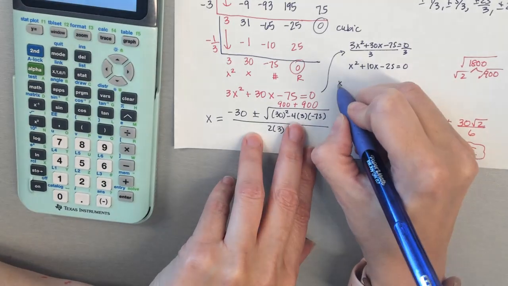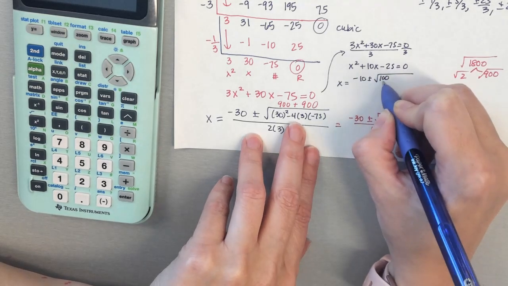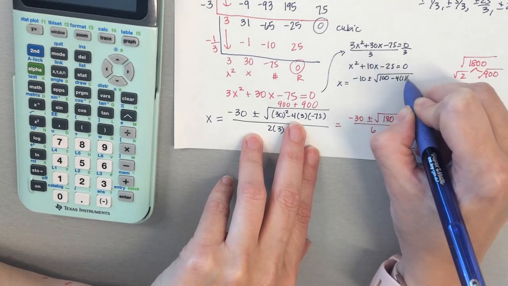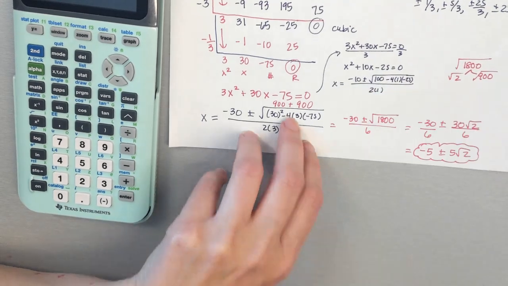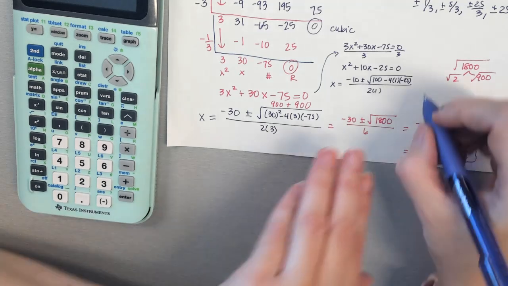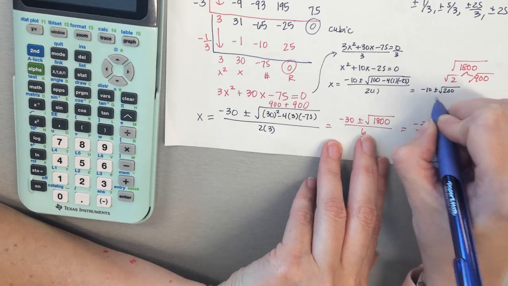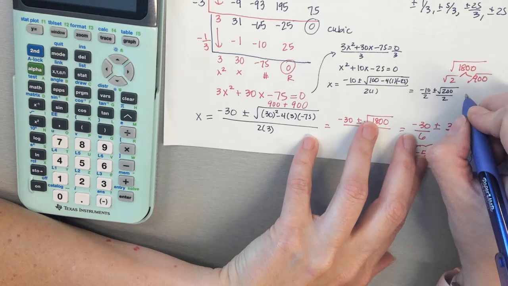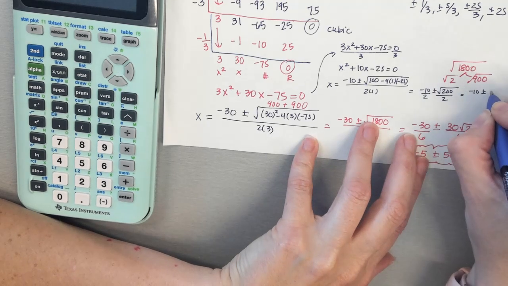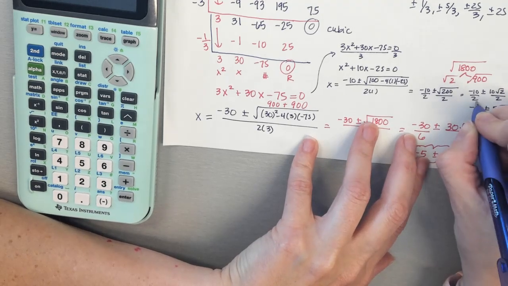So when you do the b squared minus 4ac, you're going to have a smaller root to work with. So it would be negative 10 plus or minus the square root of 200. What's the perfect square in 200? 100. So it would be negative 10 plus or minus 10 root 2 over 2. And again, you'd get negative 5 plus or minus 5 root 2.